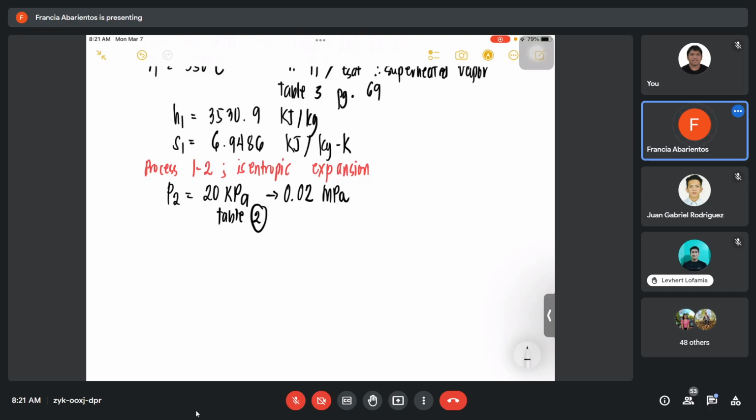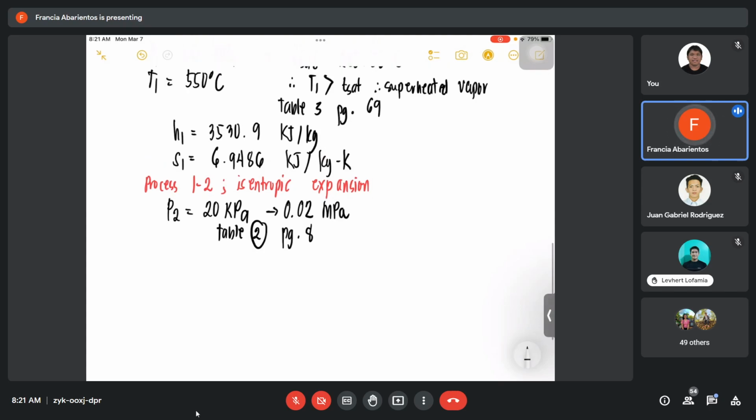Page 8. Tama ba? Page 8. Ayan. Tama, class. Page 8. So, we proceed. We have now the pressure at point 2. Ano yung gagawin natin? We all know isentropic expansion. Using this value.